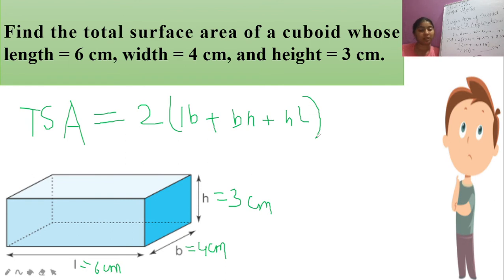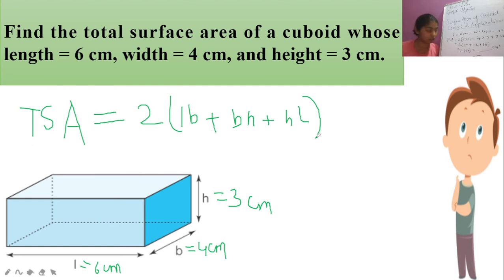So make sure the unit is proper, and if any other units are there, firstly make the conversion, then go on to calculate the unknown value given to us. Okay?